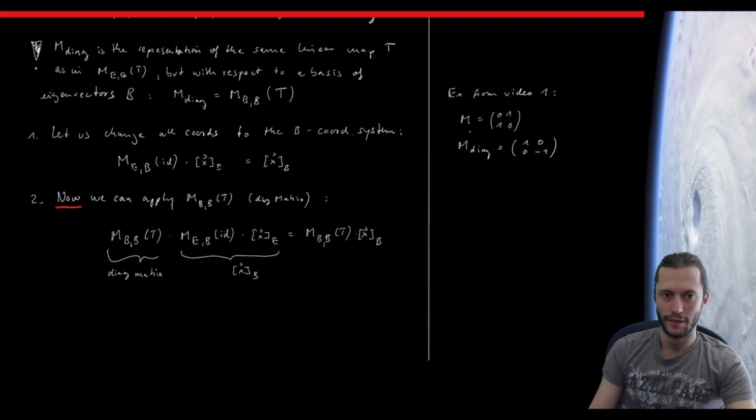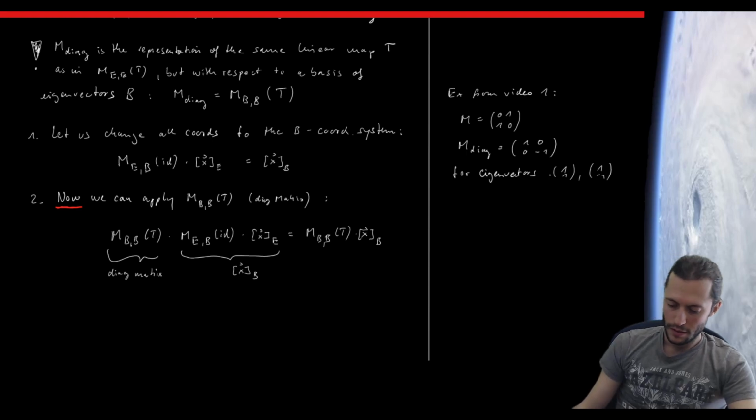In that video, we didn't specify any bases down here because this was reserved for now. And we had the eigenvectors (1, 1) and (1, minus 1), which is also the basis we were using in this video before.